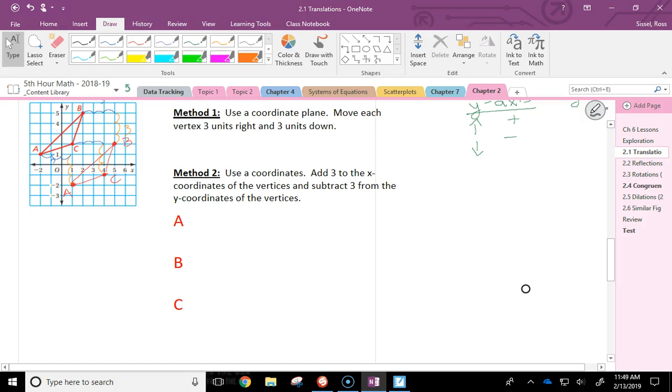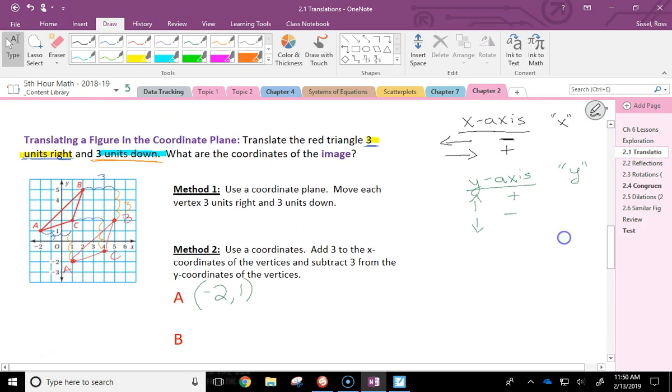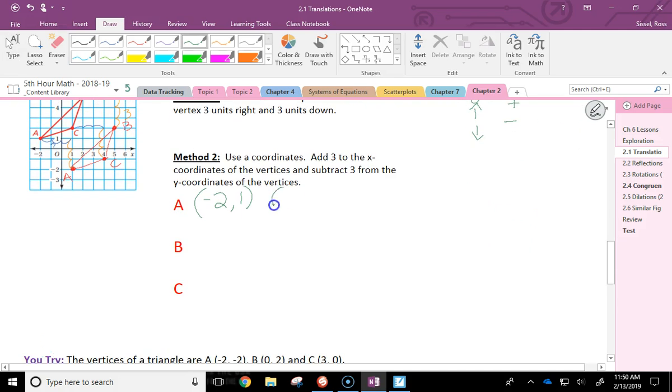I'm going to take A. I have to find the original coordinates of A, which are negative 2, 1. So A's original point was negative 2, 1. When they told me to move to the right 3 units, that's why we took these notes right here. If I move right, it's affecting my x-axis. So I would rewrite this and say my x-coordinate was negative 2.